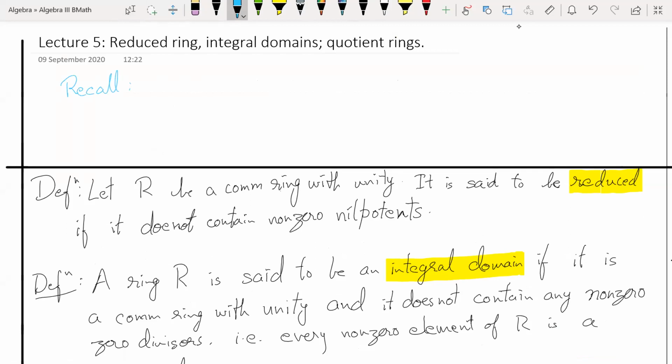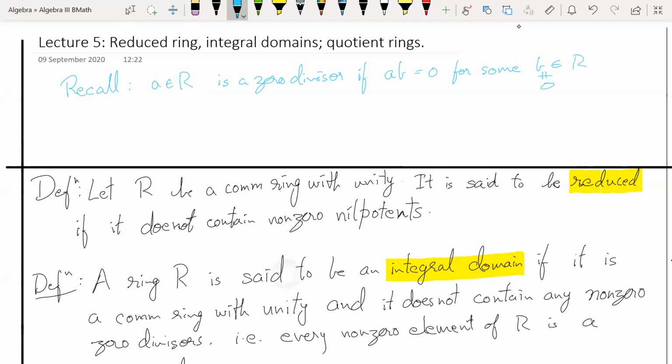A in R, where R is a commutative ring with unity, is a zero divisor if A times B equals 0 for some B in R, B not equal to 0.